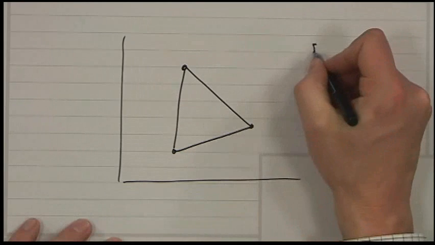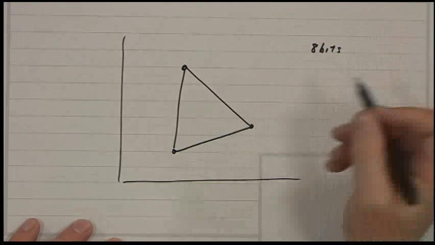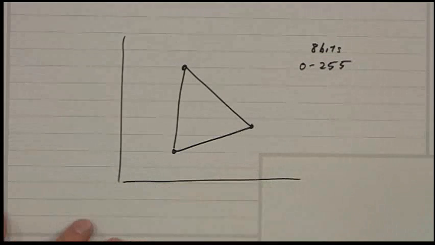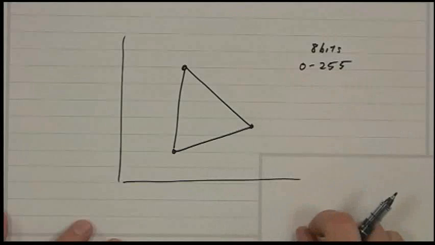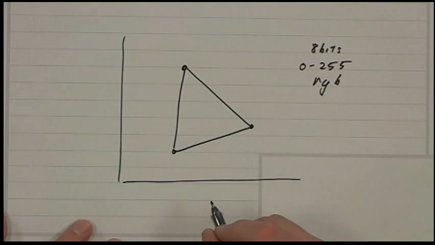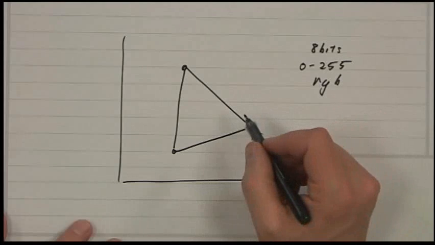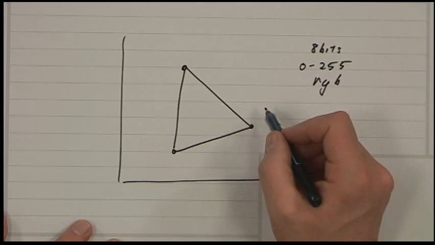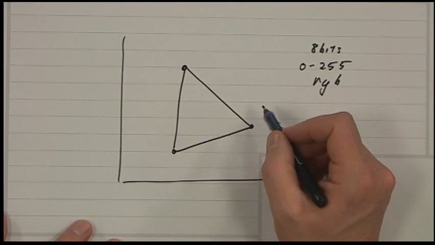That's 8 bits. So 8 bits goes from 0 to 255, as you well know. So you can only store those values for RGB. Now, let's say the color is like a supersaturated red. I don't even know how this would work, but it must be possible.